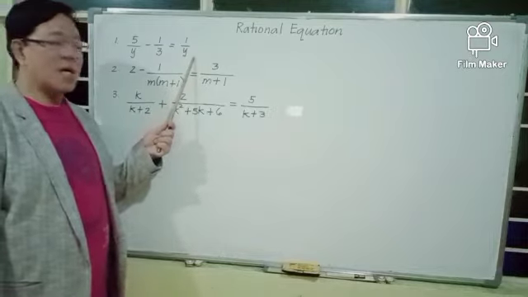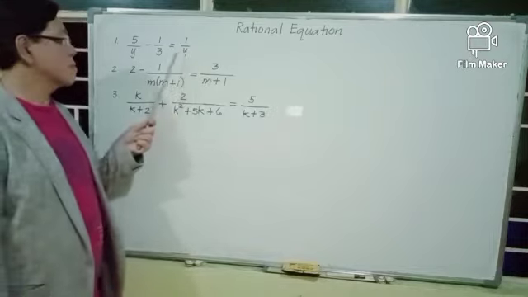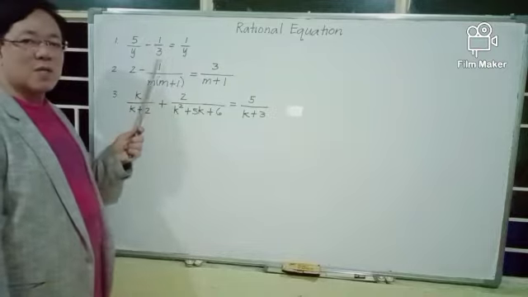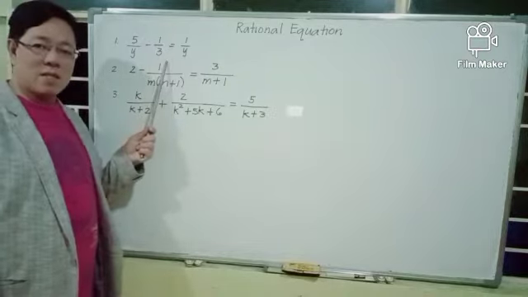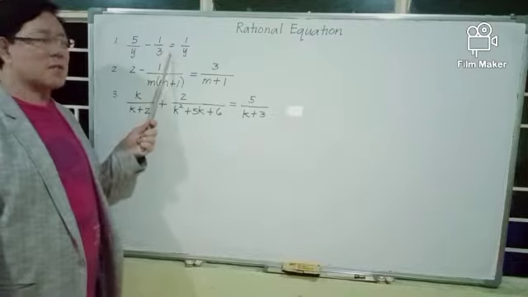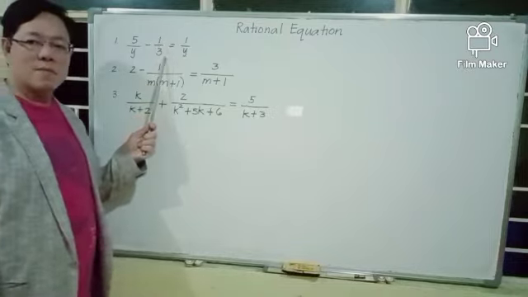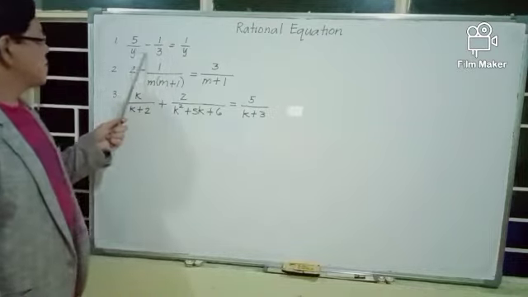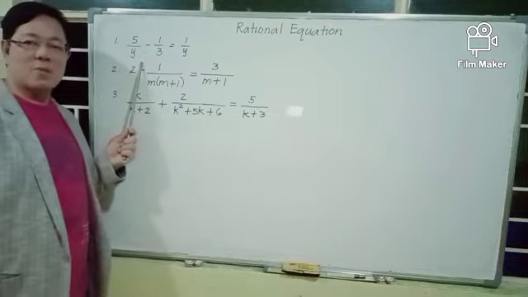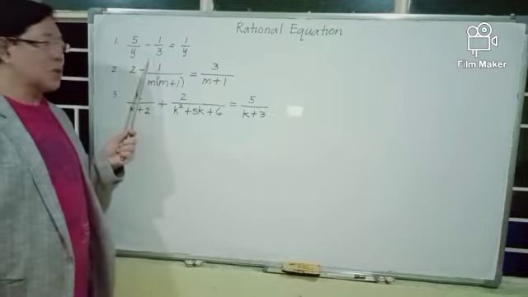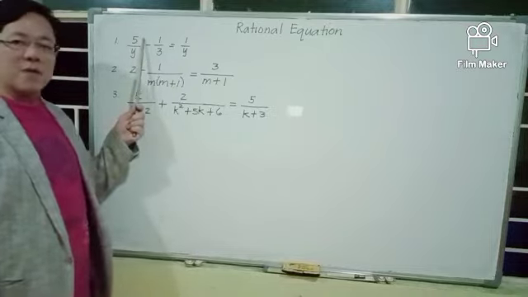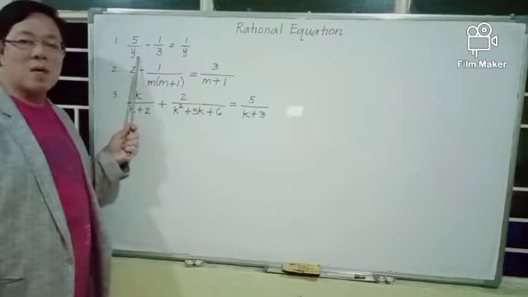A monomial y is an algebraic expression. Although negative 1 over 3 is a constant, it is a ratio of two integers, 1 and 3. 5 over y is a rational expression because it is a ratio of a constant 5 and a monomial y.